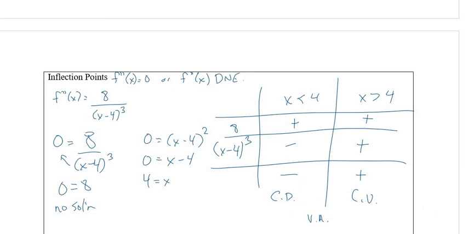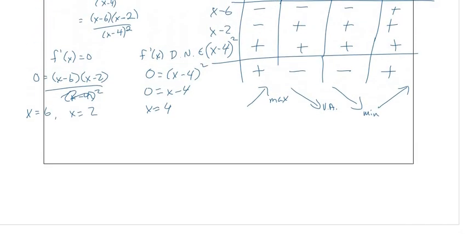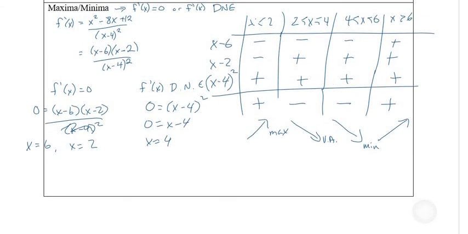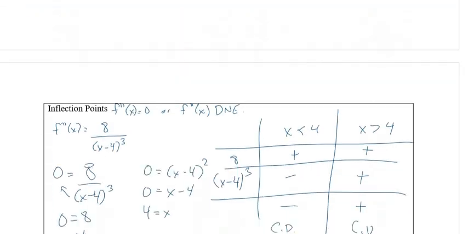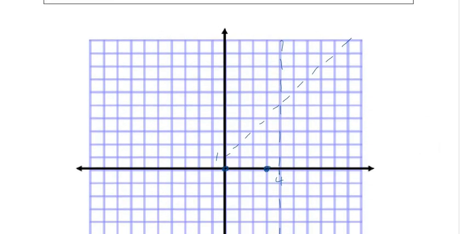So now that we have that information, let's just summarize that around our graph so we can put that all in. So we said we have a max around x equals 2. We're going to have a min at x equals 6.